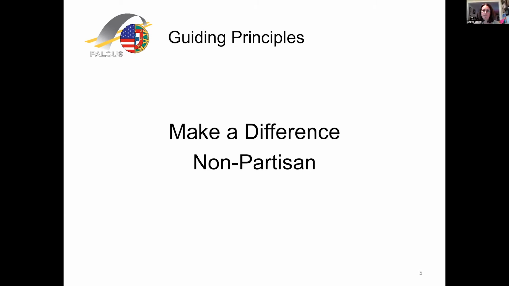The other important thing to understand is we are completely and have been nonpartisan. I talked about this when I did a previous webinar with PALCUS on the history of the Citizenship Project, which discussed the whole book. Nonpartisanship is important. First of all, most organizations are not for profit, and they are enjoined.